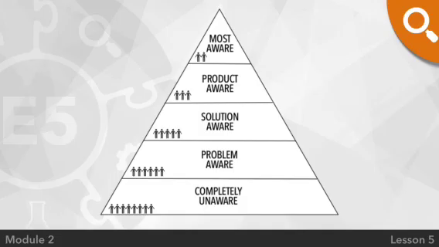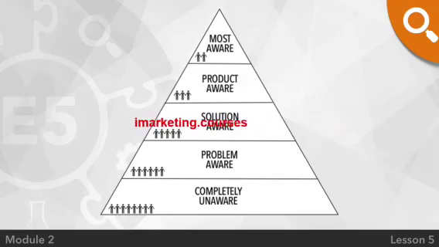So you have the most amount of people in completely unaware, but also a marketing funnel that is designed for completely unaware applies to completely unaware, problem aware, solution aware, product aware, and most aware. In other words, a funnel designed for a level of prospect awareness applies only to that level and the levels above it, not the levels below it.